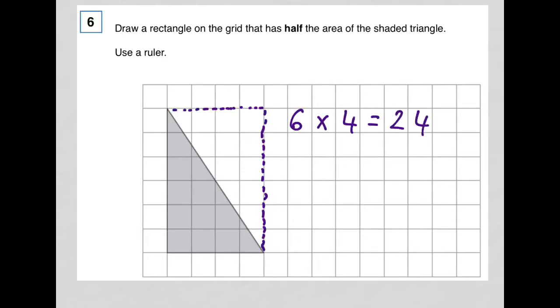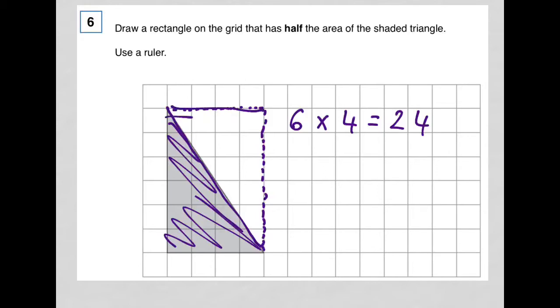And we know that the triangle is taking up half of that space, because if you turned it around, you could see that the triangle is mirrored on this side. Okay, so it's half of 24, which is 12.